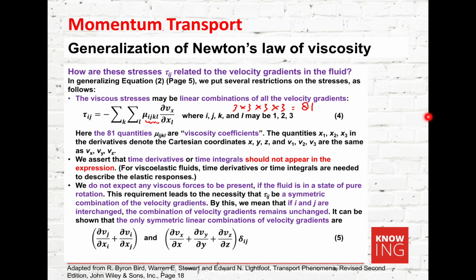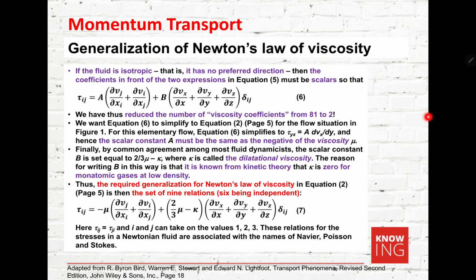Then we can derive that there will be only two possible combinations, this one and this combination in here. Okay, if that is the case, then we can only get the shear stress as expressions of this. So we have reduced the number of viscosity coefficients from 81 to 3.